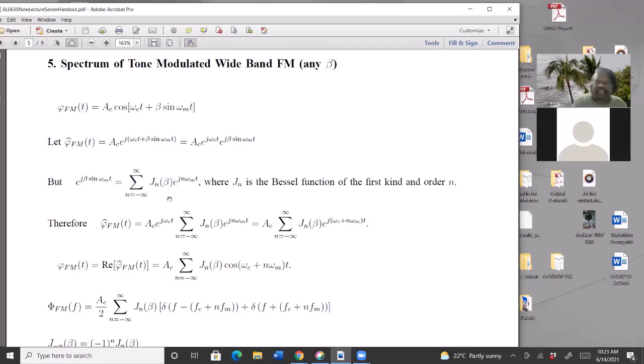So it is a little bit like you will have the frequency 100 times f m, but negative 100 times, negative 99 f m, negative 98 f m, and then it comes negative 3 f m, negative f m, 0, then f m, 2 f m, 3 f m, and so on. And then for each one of them you have the Fourier coefficients, but the Fourier coefficients are the Bessel's function.